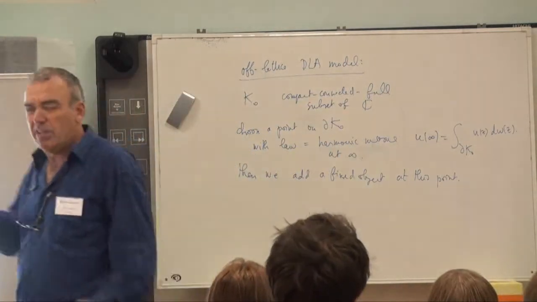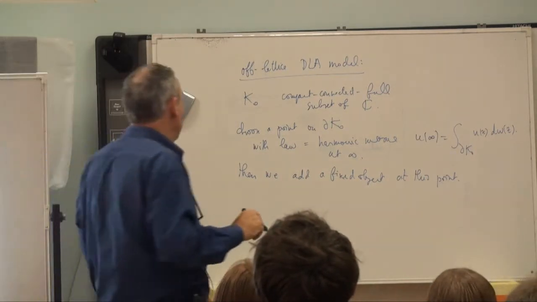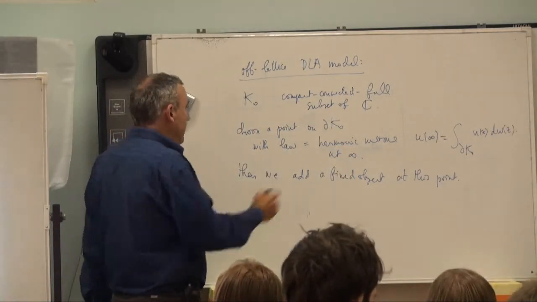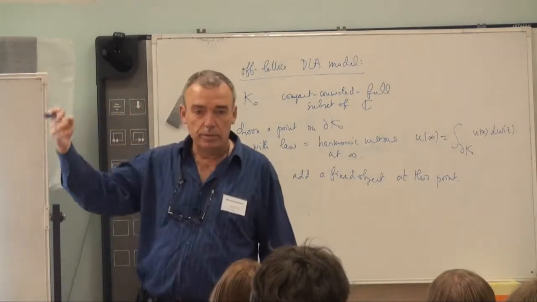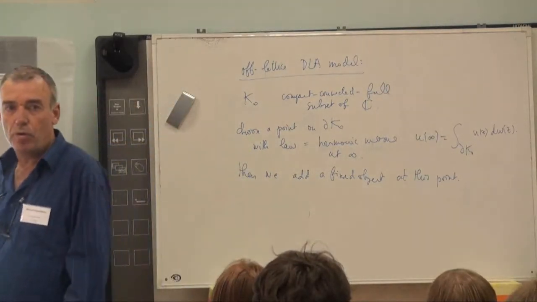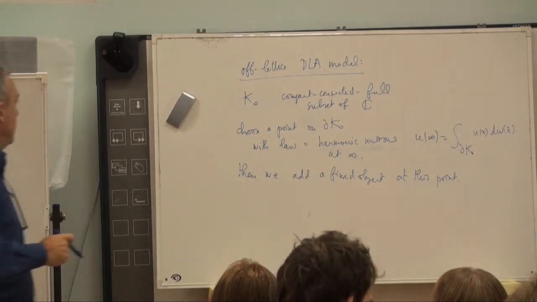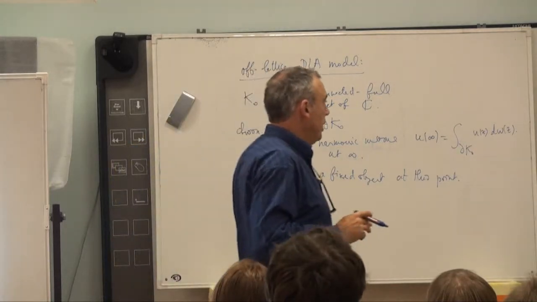But let's not take care of that now; we will take care of that later. This gives K1, and then we start again with K0 replaced by K1, etc. And then we get the off-lattice model of DLA.